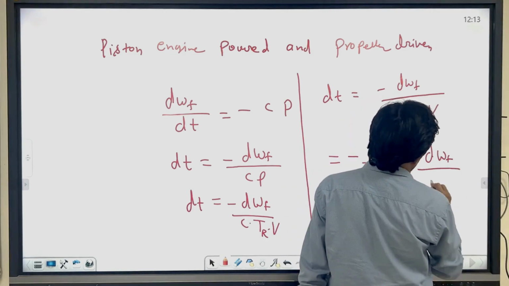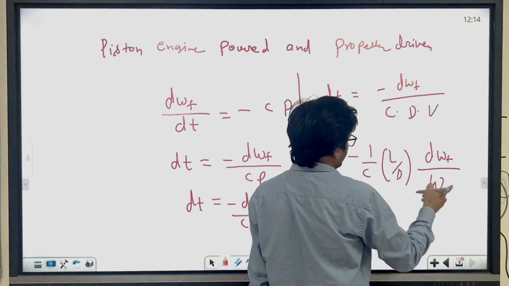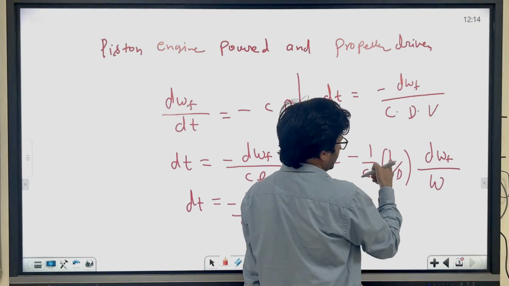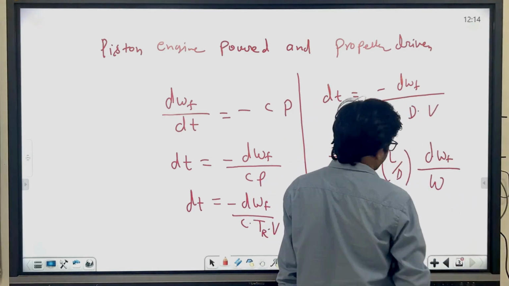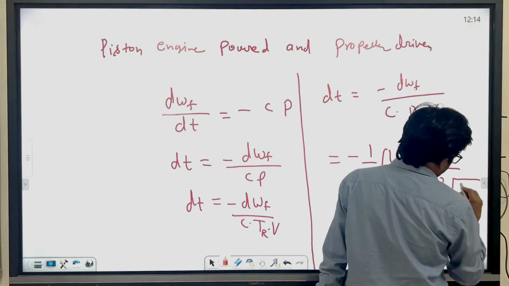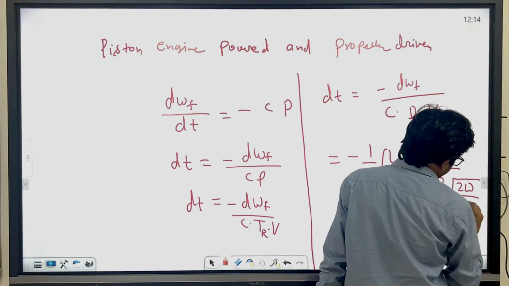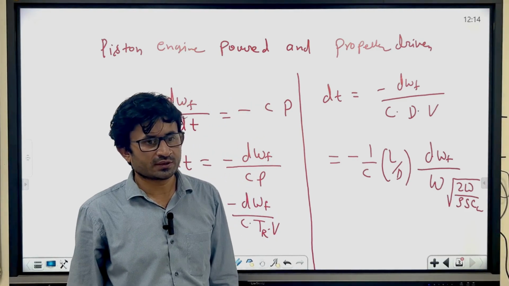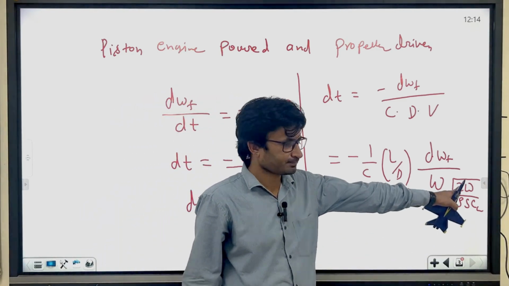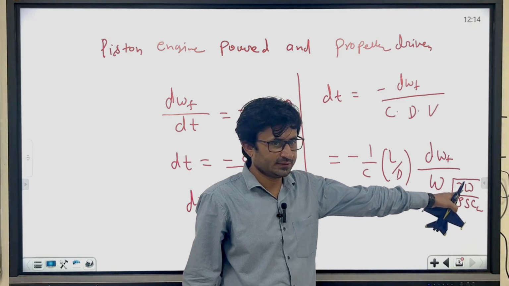dWf by W, you divided by W and multiplied by W, and thus you make it L, and you can rewrite L by W like this. And V you can write from lift equal to weight, 2W divided by rho S CL, because everything you have to convert in terms of W here, velocity, right?